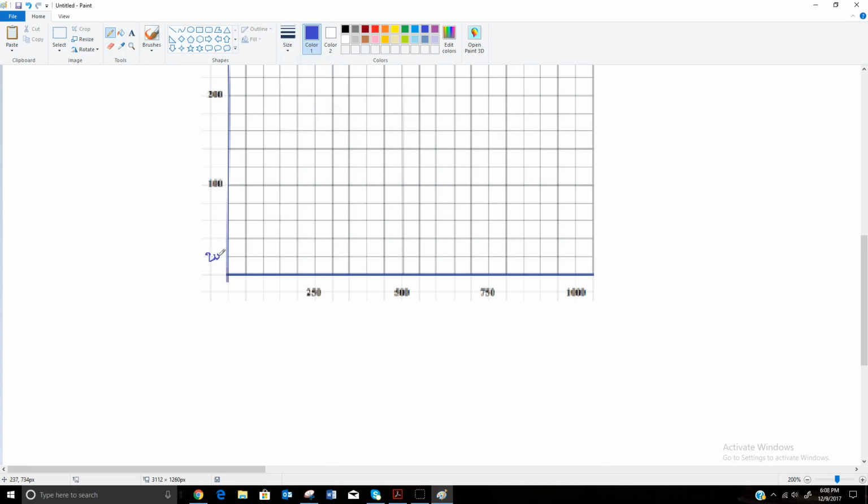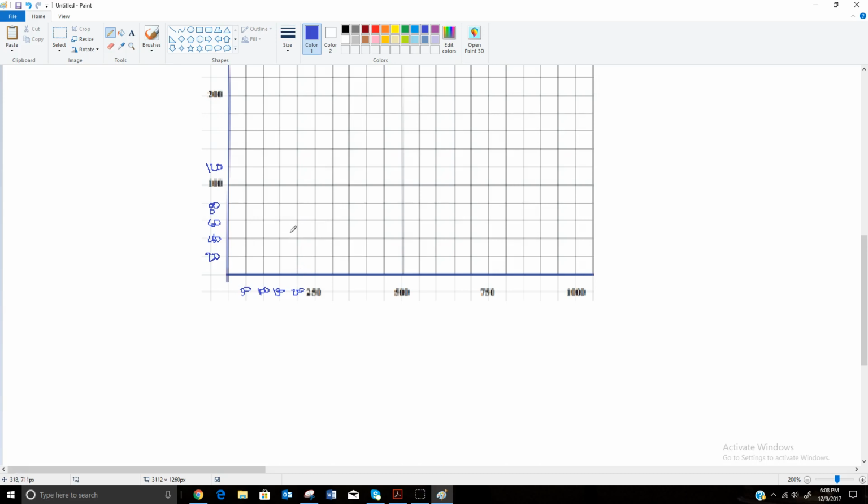So we've got 20, 40, 60, 80, 100. This would be 120, etc. Here we've got 50, 100, 150, 200. And it's really important that you notice what the scale is before you start putting these on here.